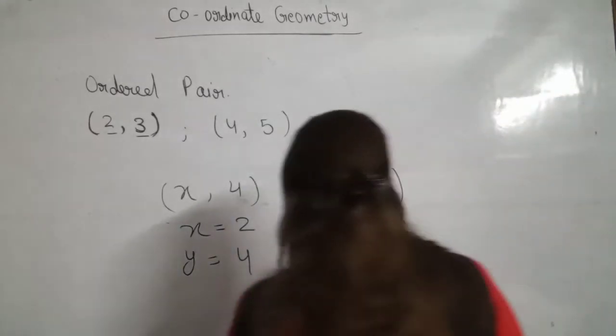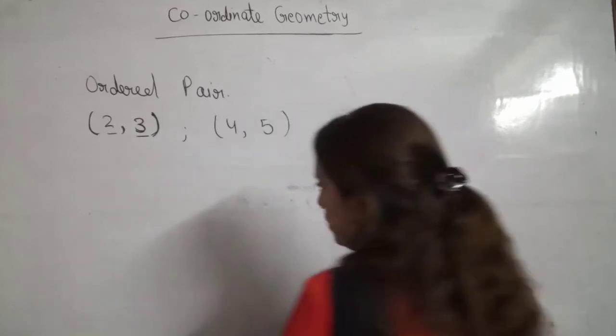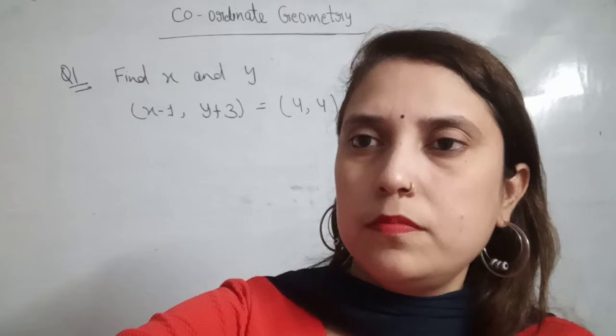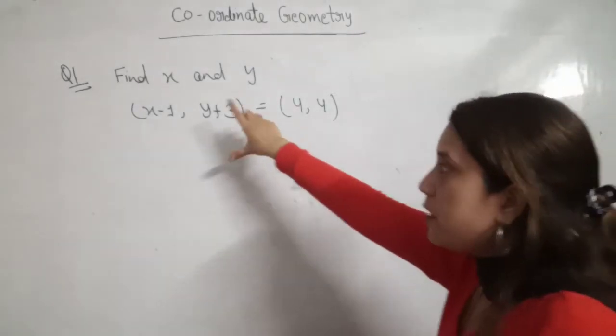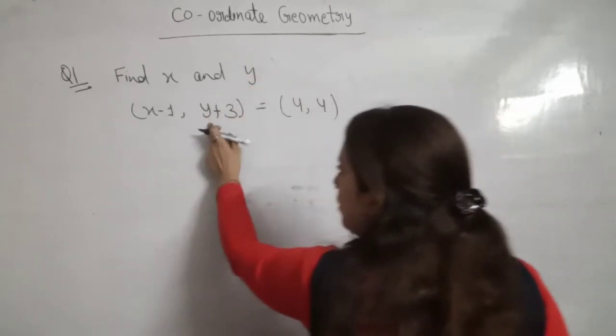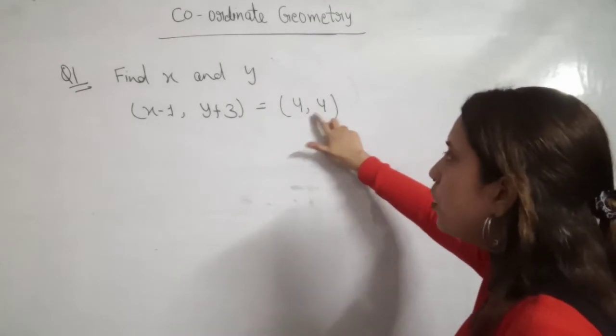Okay beta, now let's do some questions. The question is: find the value of x and y. (x minus 1, y plus 3) is equal to, it is given, (4, 4).